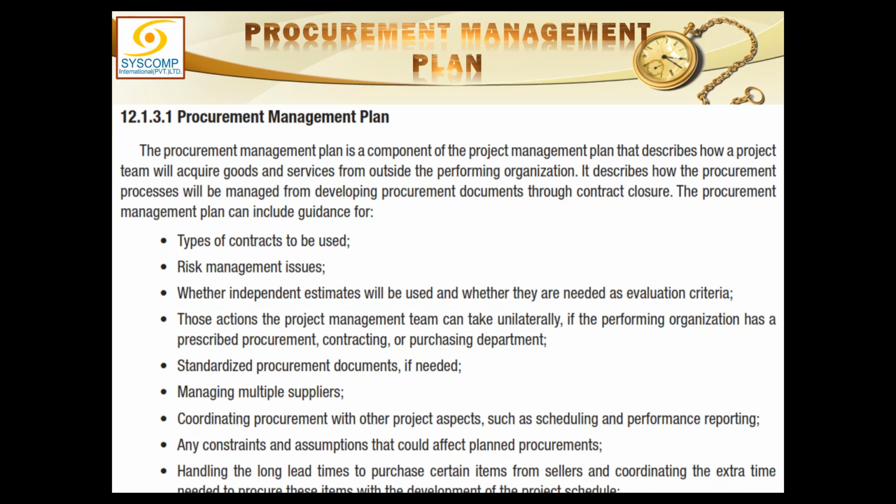Project management plan, you understand, and procurement management plan, and the contents of the procurement management plan should be what type of contract is to be used, any risk management issues involved, whether independent estimates will be used and whether they are needed as evaluation criteria. What is independent estimate? That is before we can award the contract, before we receive the bids, we do an independent estimate of the whole project, of this work which is to be outsourced.